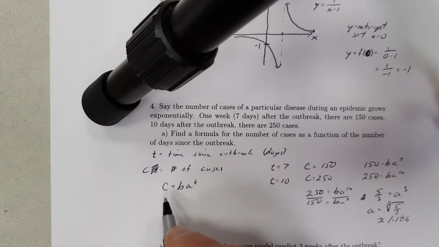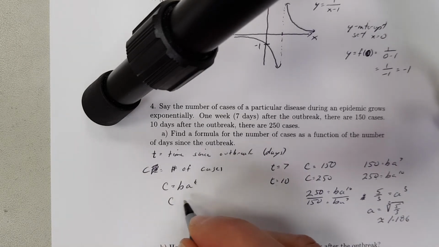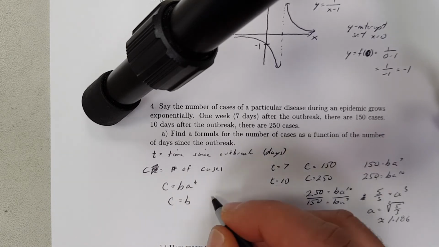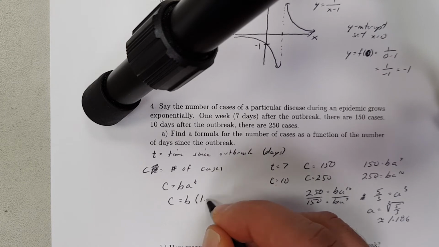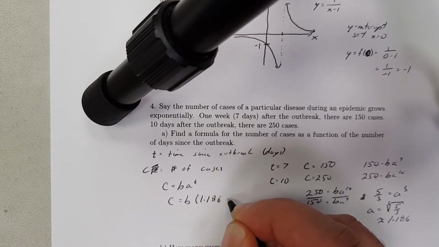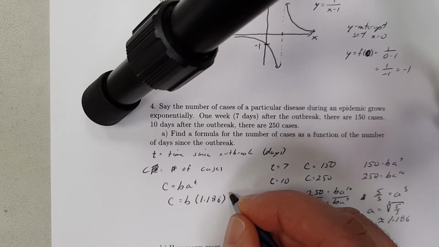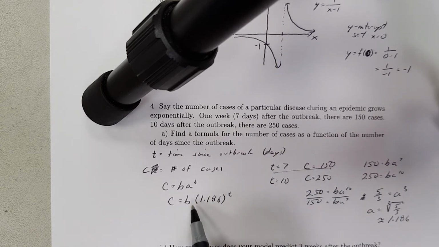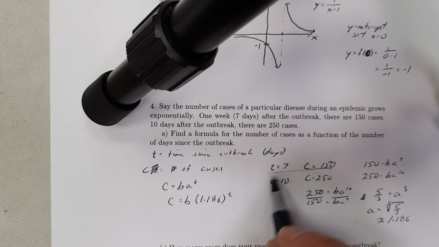So I know now that my formula is c is equal to b times 1.186 to the t. Now I can take either one of these points and put it back in for c and t and solve for b.